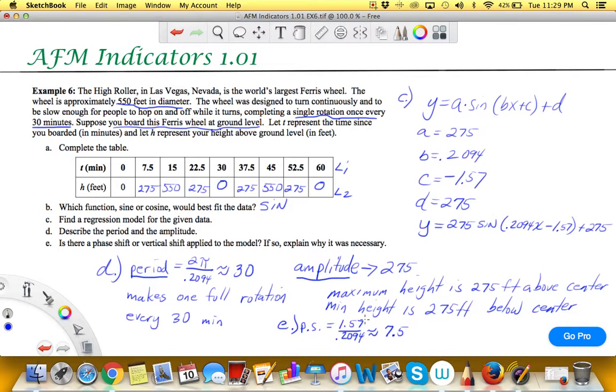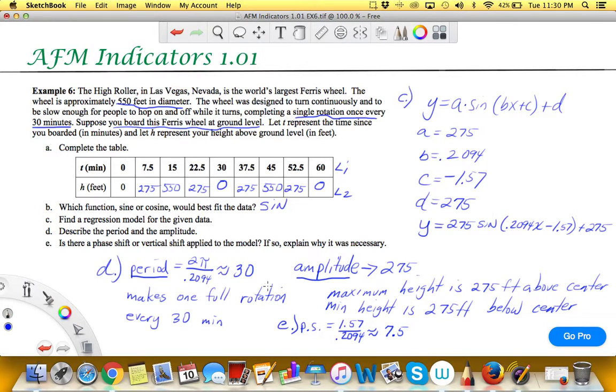So that represents the phase shift, because we know that the Ferris wheel not only rotates horizontally, but it also rotates vertically. As time goes on, it oscillates back and forth horizontally, and it also oscillates up and down vertically.